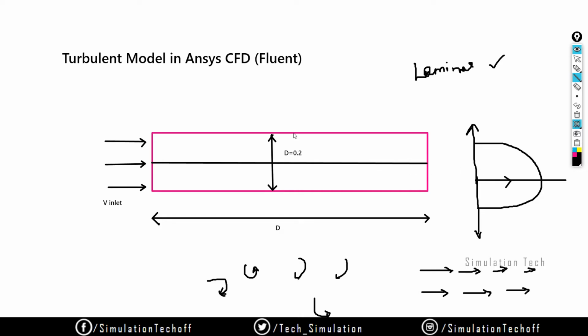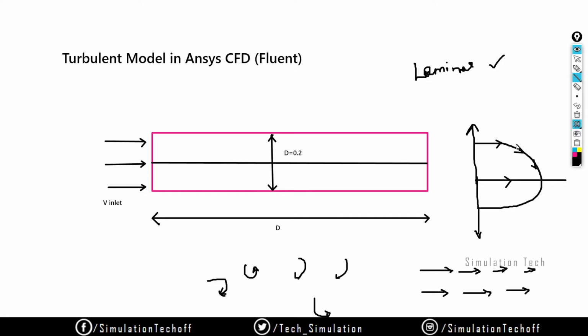Towards the wall, due to the friction, the velocity decreases and the pressure may increase. So the velocity and pressure are inversely related. It should look like this. We have a maximum velocity at this point at the center and a minimum velocity near the wall region. In our case these are the two wall regions.